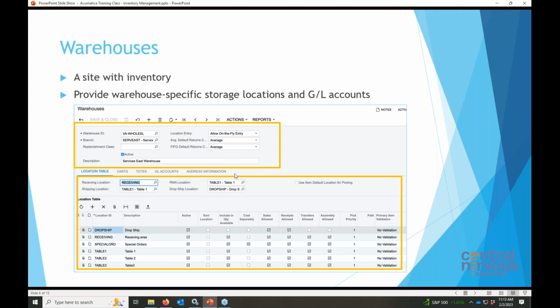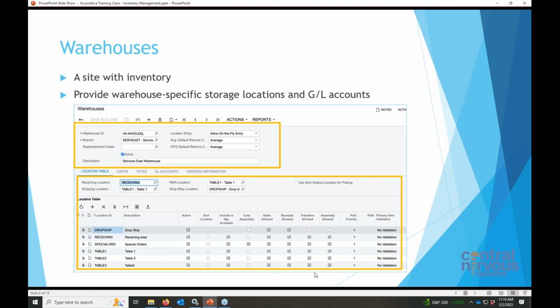And within that warehouse, we then have a number of different locations or buckets where inventory can get stored in. So within the warehouse, they have table 1, table 2, table 3, which are little locations within the warehouse that store inventory. We have a receiving area, a drop ship location, and a special orders location.